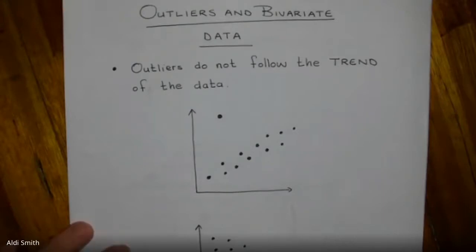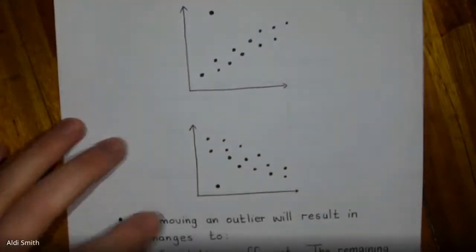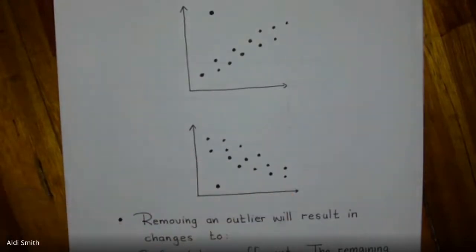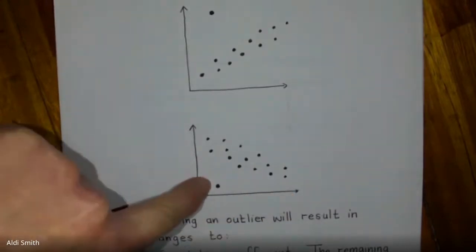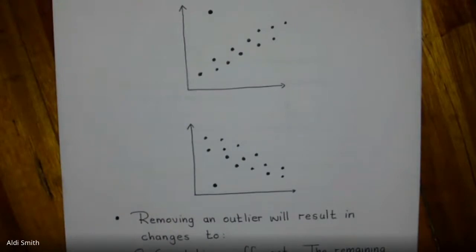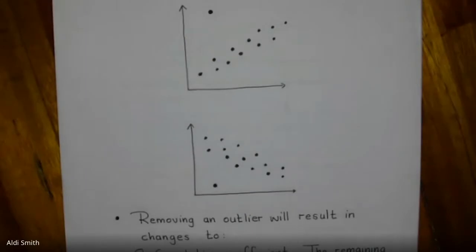Then if you look at the second graph over here, you have that negative correlation going on, and then obviously over here at the bottom, you have an outlier. That outlier specifically also doesn't follow the trend of the data. So that's how you identify outliers, and that's also the reason you give for saying it's an outlier. It doesn't follow the trend of the data.